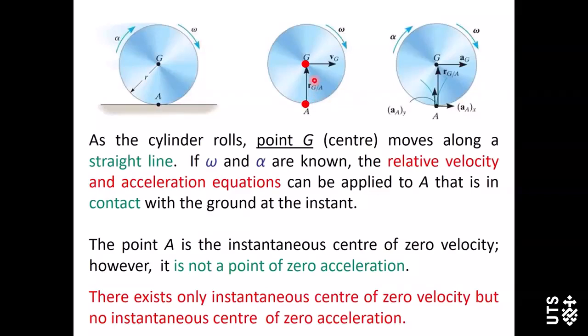So the velocity Vg must be horizontal because the moving path of point G is a horizontal straight line. For point A, because it's the contact point between the rigid body and the surface, and we have assumed no slipping occurs, point A is the instantaneous center of zero velocity.